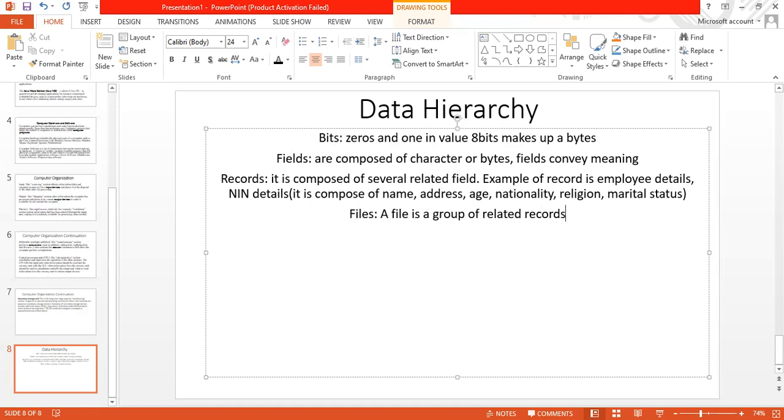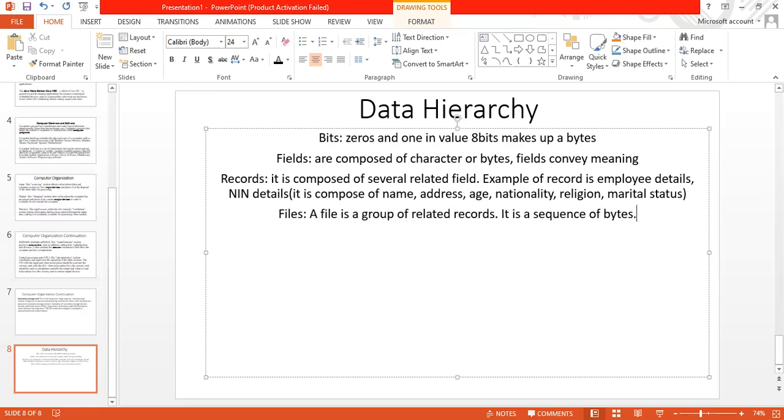A file contains arbitrary data in arbitrary format. It is a sequence of bytes. It is very important you note this. It is a sequence of bytes because you have a whole lot of bytes.